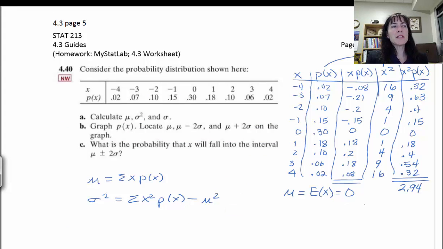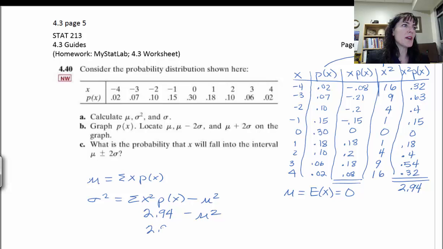So I did the sum of the x squareds times the p of x's, and that's where I got the 2.94. And then I have to subtract off the mu squared. Mu in this case is 0, so mu squared is still 0, which isn't going to change my value, but oftentimes the mean is not 0, so we would have something else.